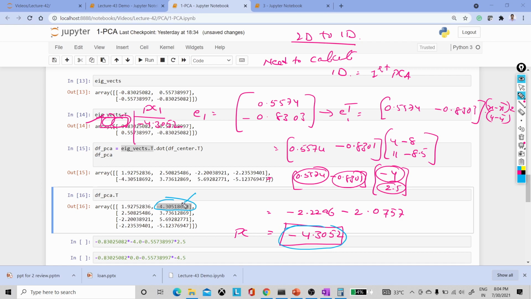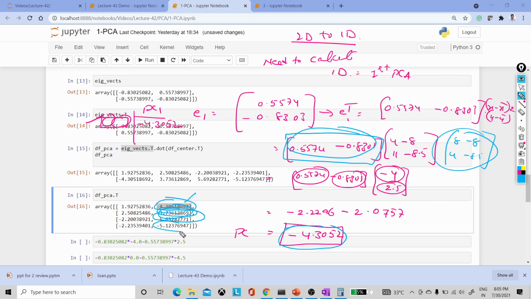If you want to calculate the next value, you have to take the same kind of values and take the second observation, that is 8 minus 8 and 4 minus 8.5. Multiply these values and you will get this value, and for the third observation you will get this value, and for the fourth observation you will get this value. So this is the way you can calculate the PCA values.